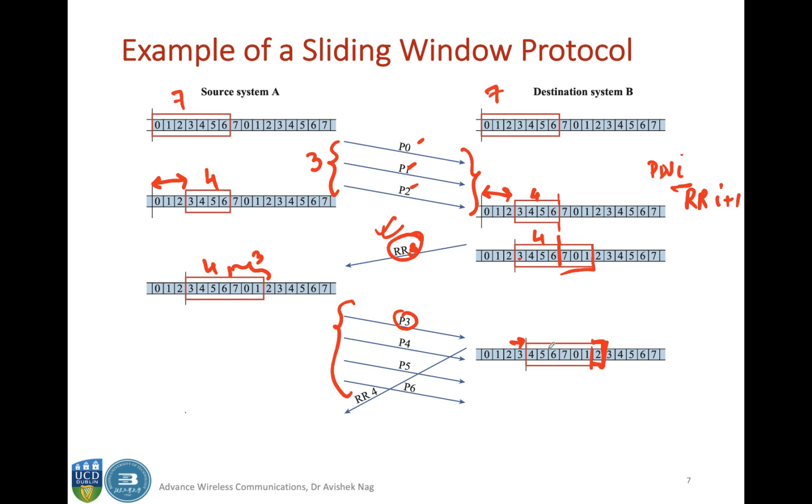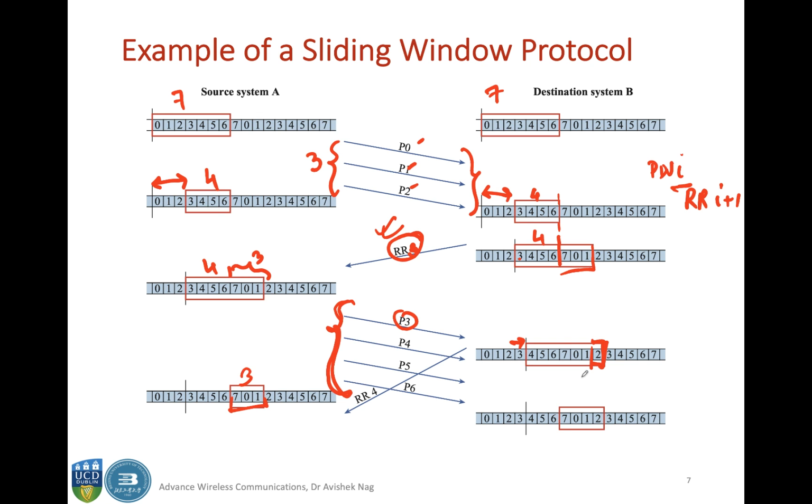Now let's see what happens. After the RR4 has been received by the transmitter, after the transmitter sent out P3, P4, P5 and P6, the transmitter window shrinks to this.